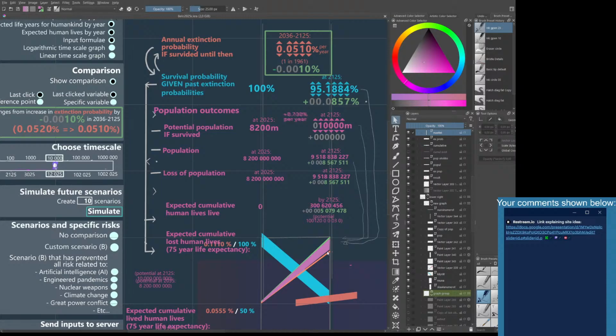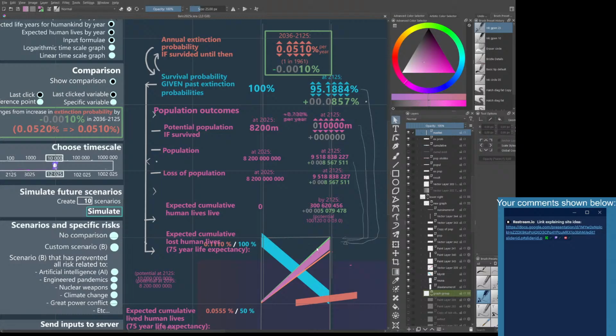No, that's the cumulative population over time. And the blue one is survival probability, as indicated by the color.